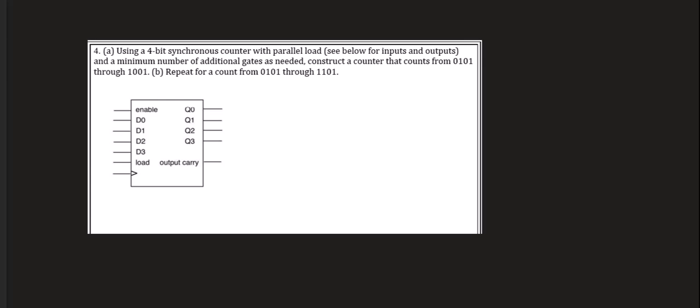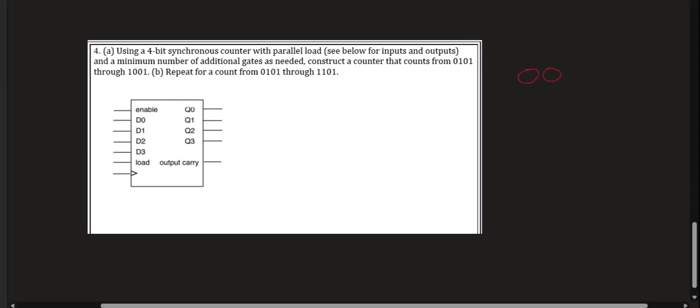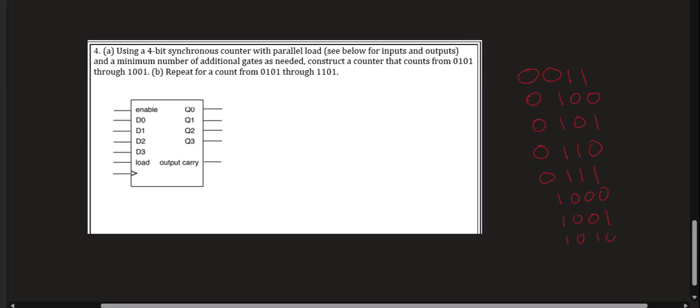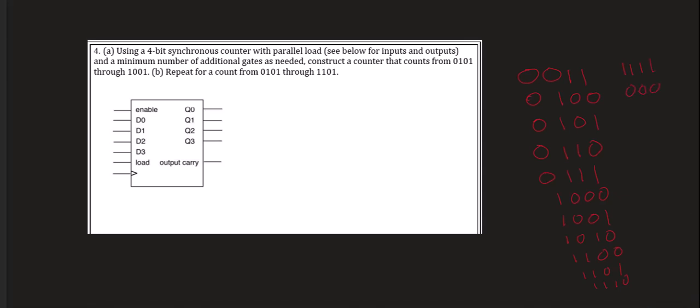And so whatever value it's starting on, like let's say it starts on 0011, then on the next clock cycle, it'll count to 0100, and then on the next clock cycle, 0101, 0110, 0111, 1000, 1001, 1010, 1100, 1101, 1110, 1111, and then it will automatically go back to 0000.